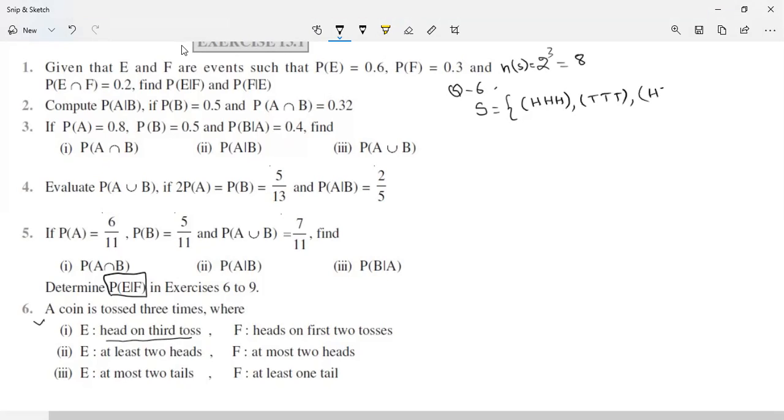Head can come in the first position, head can come in the second position, and head can come in the third position. Tail, tail, head. Okay, one head. Now if you take 2 heads: first head, second head, tail, then head, tail, head. Tail can come in between, and tail can come at the start: tail, head, head.